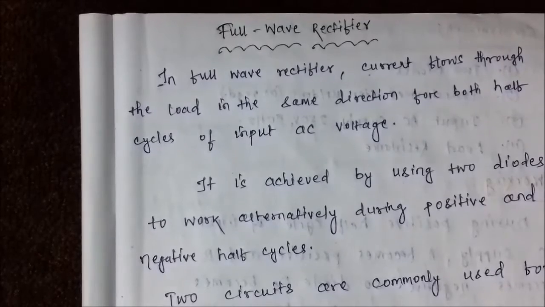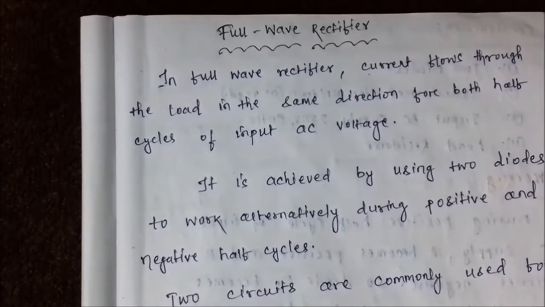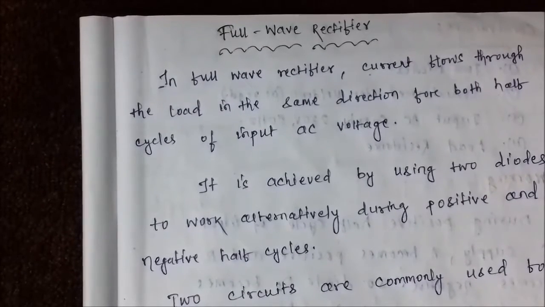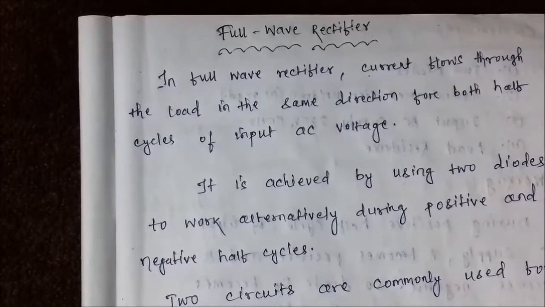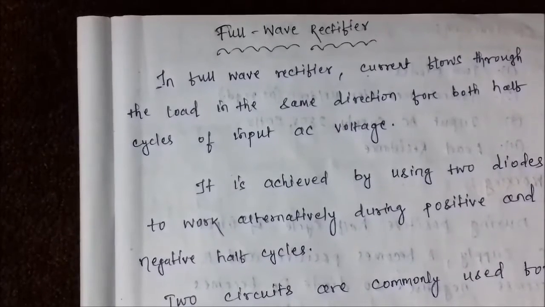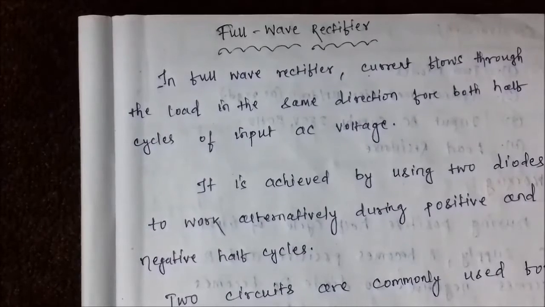So a full wave rectifier is an electronic circuit which conducts during both the half cycles of the signal waveform, that is during the positive and the negative half cycle. So it utilizes both positive and negative half cycles, and current conduction takes place during the complete or full signal waveform. That's why it is called a full wave rectifier.